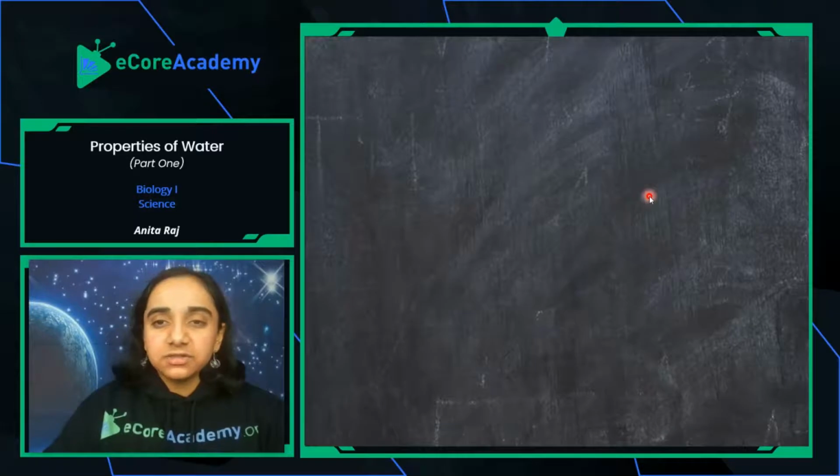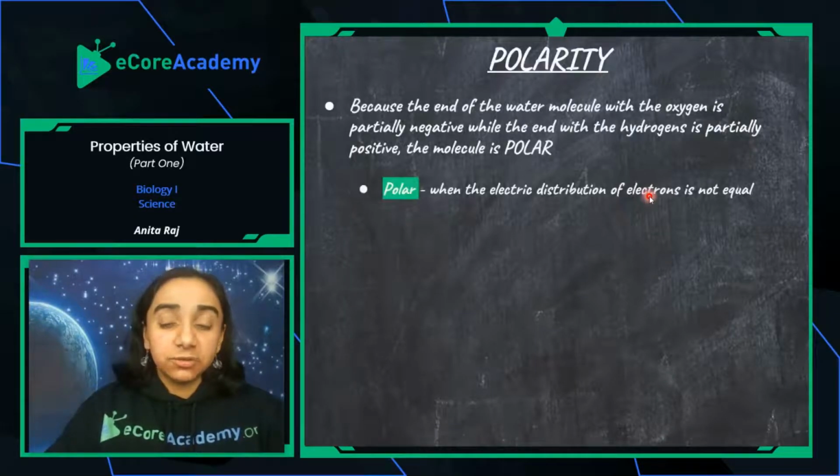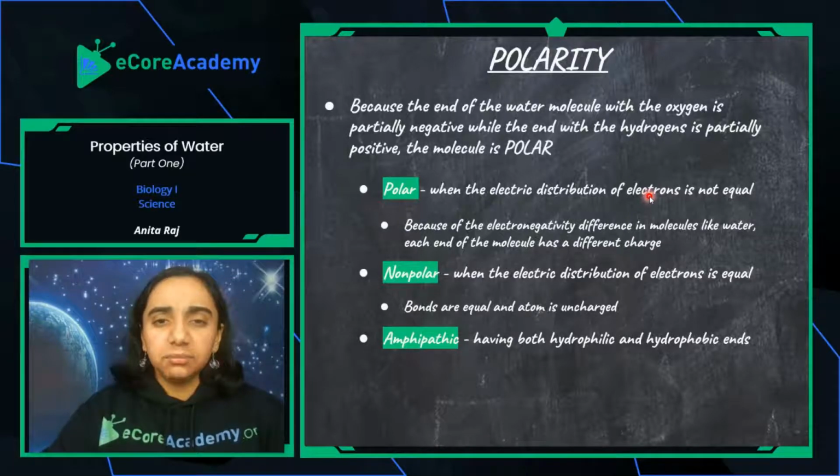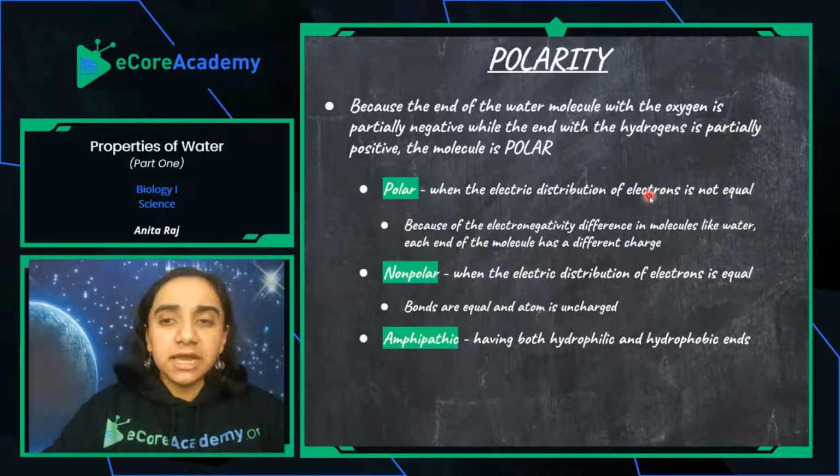So here, let's talk about polarity. Because the end of the water molecule with the oxygen is partially negative, while the end with the hydrogens is partially positive, the molecule is polar. So polar pretty much means the electric distribution of electrons is not equal.